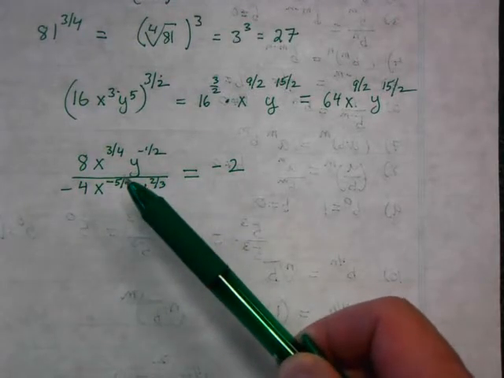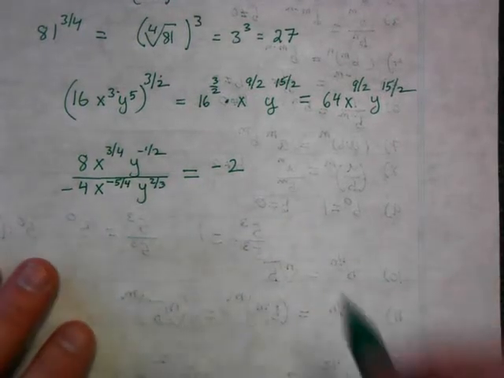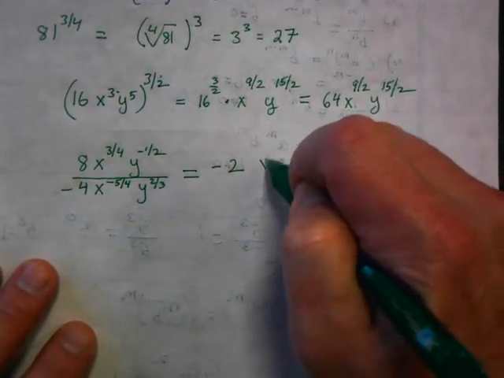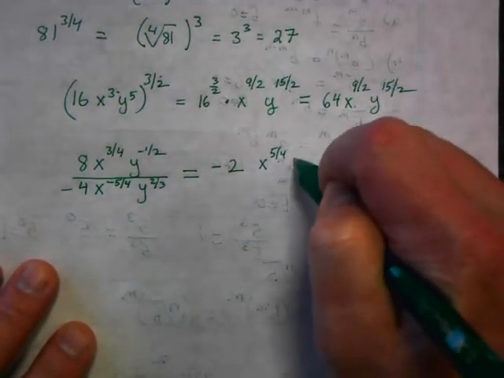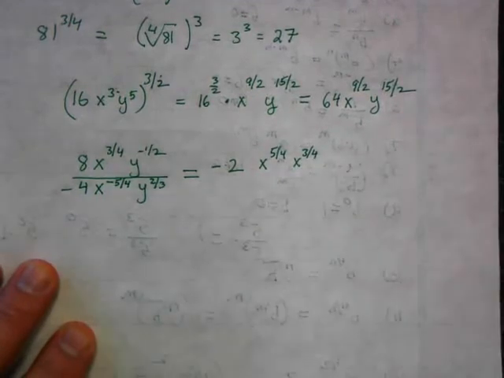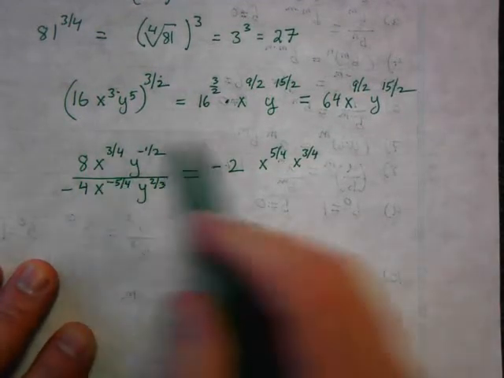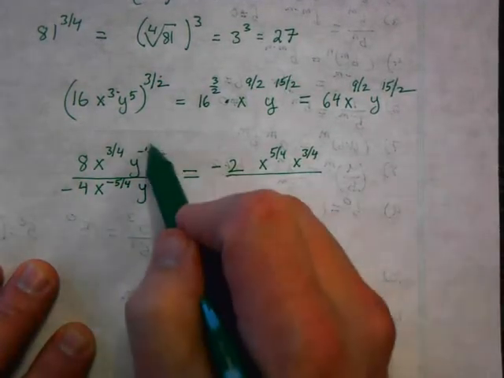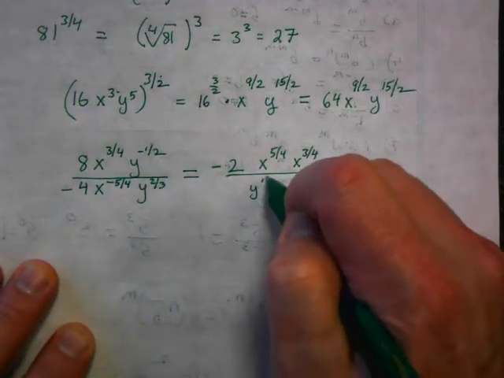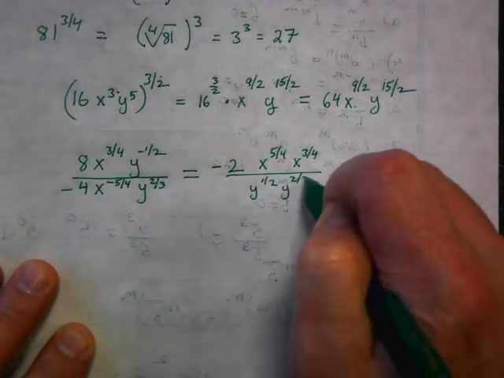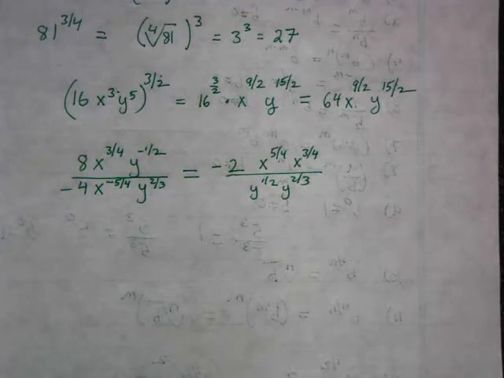We make fewer mistakes with our positives and negatives when we do it that way. So I'm going to write x to the 5/4, x to the 3/4. I'm going to take this negative exponent on bottom, bring it to the top, and then I'm going to take this negative exponent and put it on bottom. Those things that have positive exponents, they don't move. They stay right where they were.